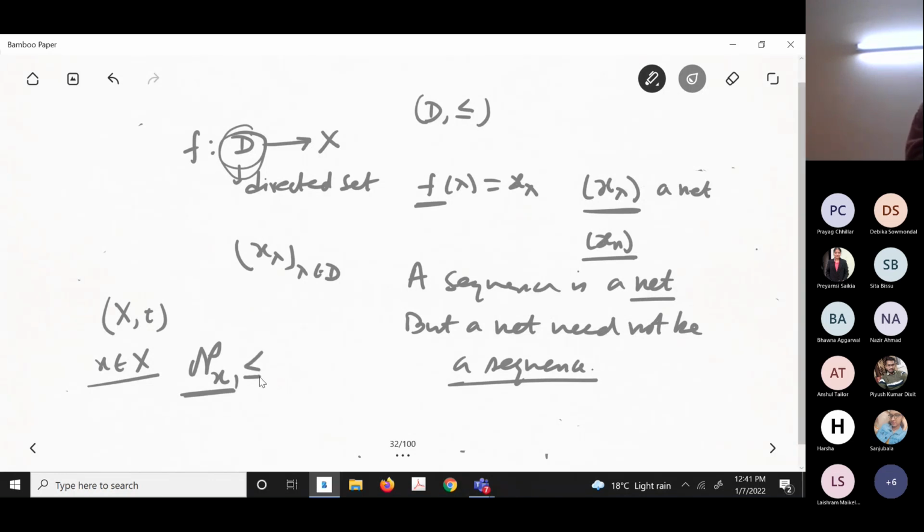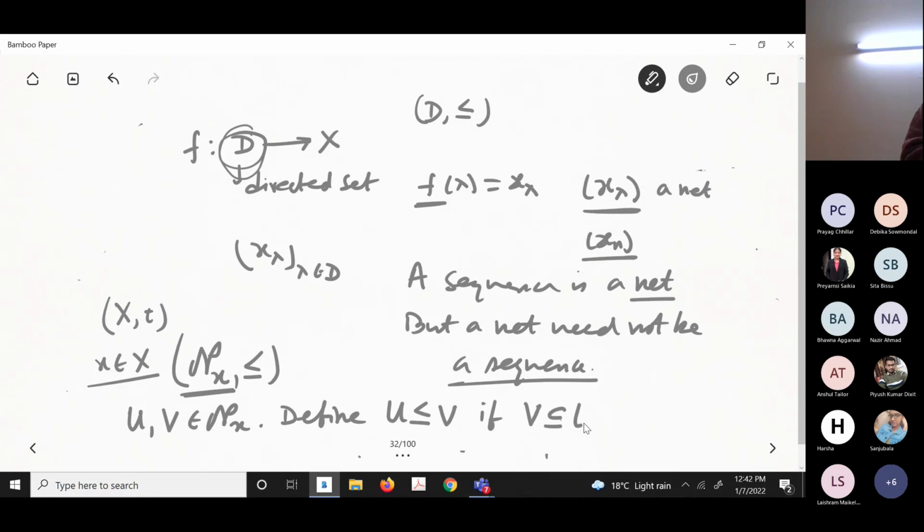But here you give the relation. What do you mean by this? Here I will say you are having two things, U, V. There are two neighborhoods of x. I'm defining, among the neighborhoods of x, U less than V if V is contained in U. Smaller neighborhood will be the bigger.